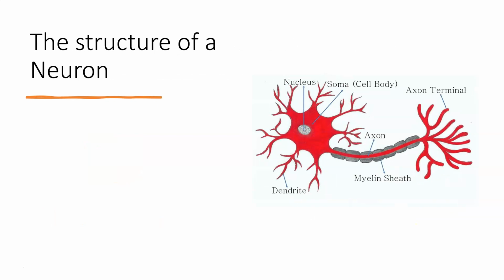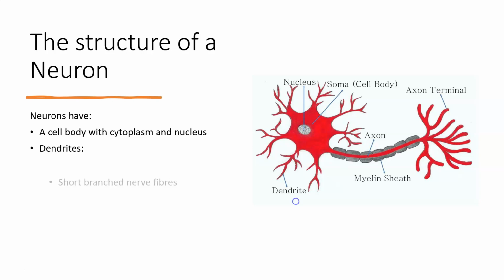Okay, so before we can start, we need to understand the structure of our neuron. They have a cell body, which has cytoplasm and nucleus, just like the cell body of all cells. However, they are specialized cells, as you would have looked at in year 8 and 9.